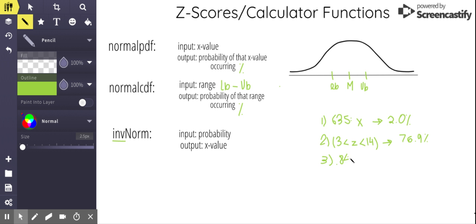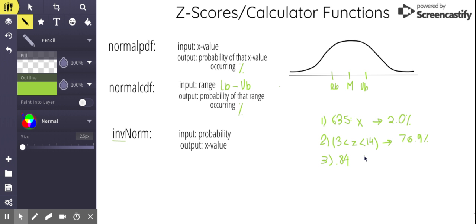Go to second vars and then inverse norm. Our area is basically the probability as a decimal, so type in 0.84.